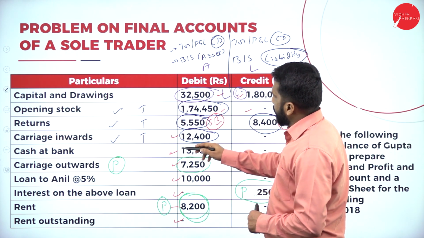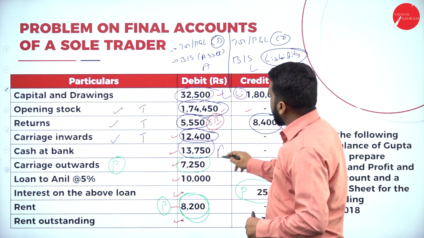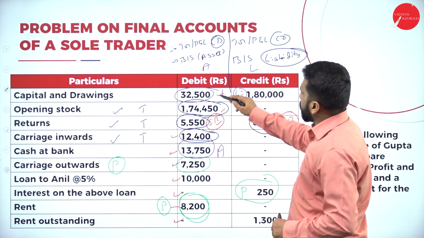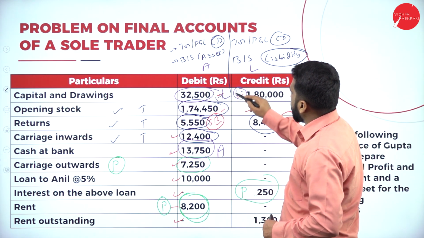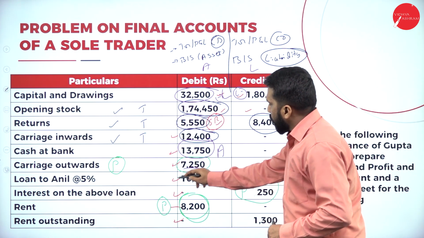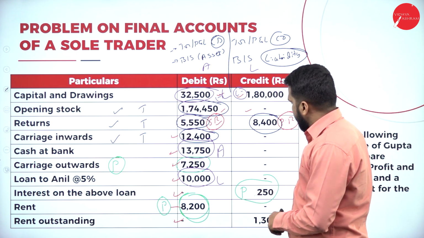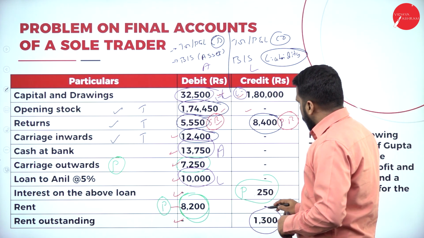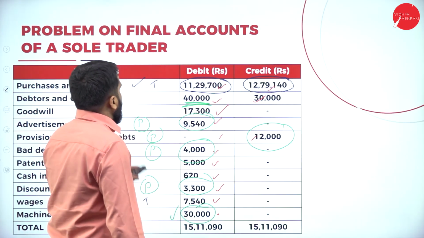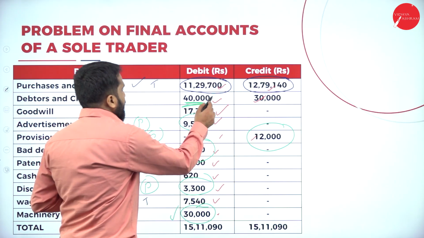Next, cash at bank, asset. Then this one is drawings, this one is liability. Now, this is over. Then loan, liability. Is there anything? Yes. Rent outstanding. This is also liability. Then we have debtors and creditors.